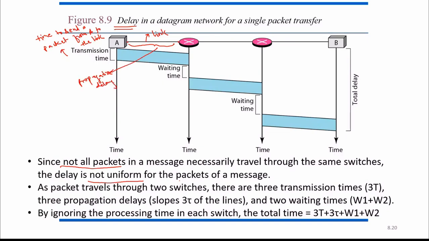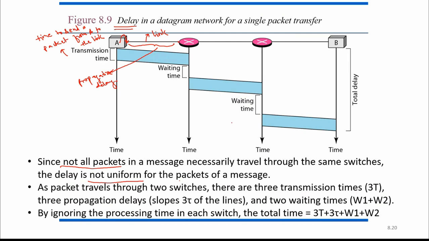So first of all, the transmission delay is from A to this link. Then from the starting of the link to the end of the link, that will be the propagation delay. So if a packet is delivered from A to B, what will be the different delays? As the packet travels through two switches, there are 3 transmission delays.